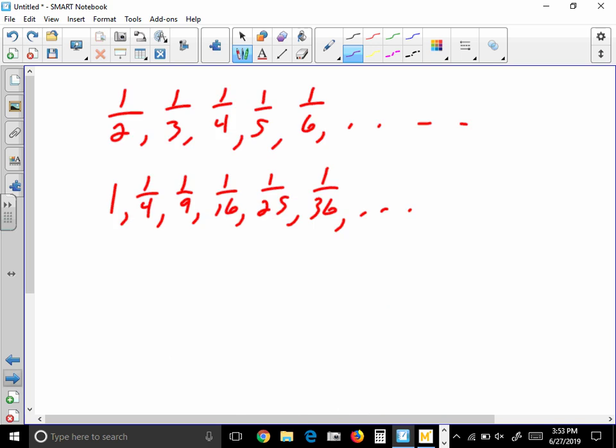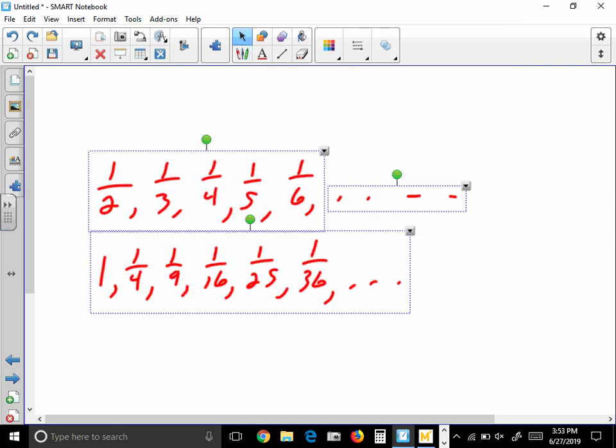Sometimes we're just told, okay, here's a list of numbers that have a pattern. Like on the first one, do you see the pattern? The top number stays the same. The bottom number is getting bigger by 1. That's right.